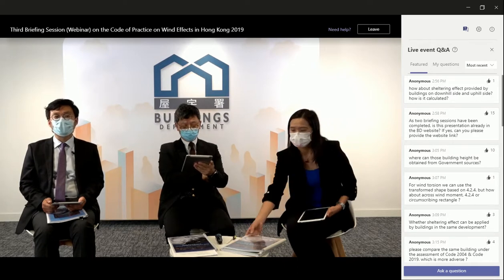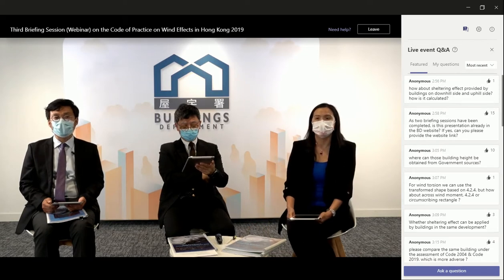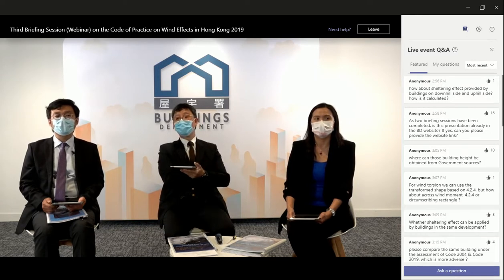Then we give a rule to apply an equivalent eccentricity, so that it can generate an equivalent torsional load. That aerodynamically will be similar to the torsional load generated by partial wind load on the towers. So with the partial load on the towers together, we can generate all the torsion-governed load cases for the podium and for the foundation. So that's the general rule.